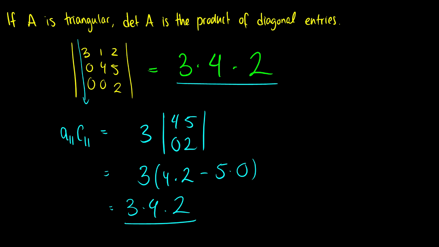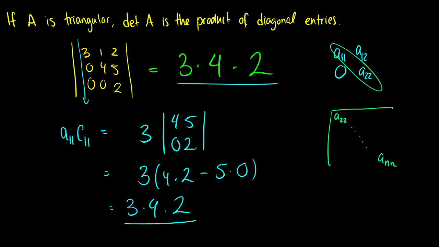But if you wanted to do this, you would start with induction on something like A11, A12, A21, A22. So this would be 0, of course. So you can do induction with this. You'd show the base case. And then what you do is you'd assume for a smaller matrix, say A22 all the way down to ANN, that it's true. And then you could add a new row, A11 going all the way up to A1N, and all the way down to AN1.